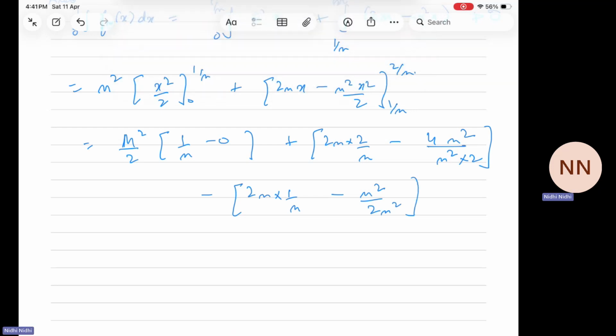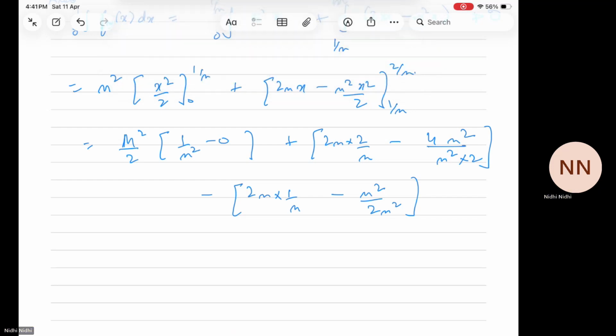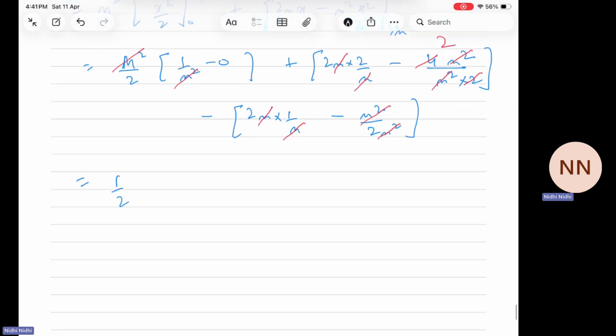This will get cancelled out. This is 2 and so on. So this will eventually be just 1 by 2 plus 4 minus 2 minus 2 plus 1 by 2, which is equal to 1. And which is equal to the integral of the function 1.